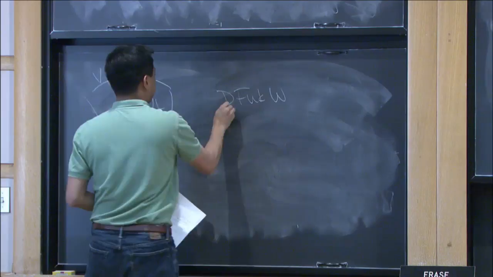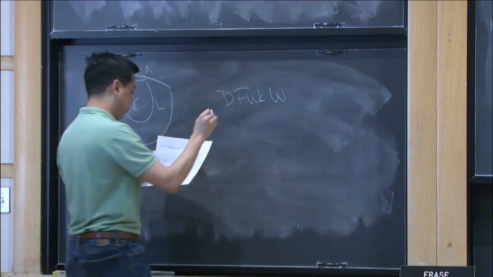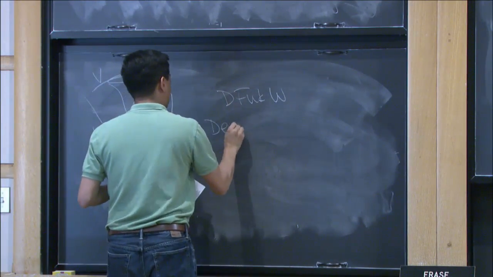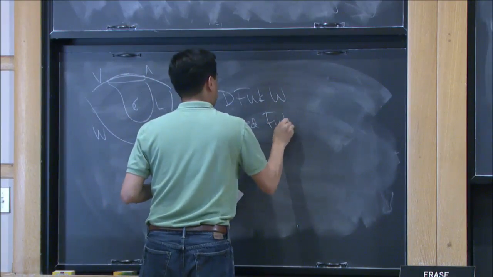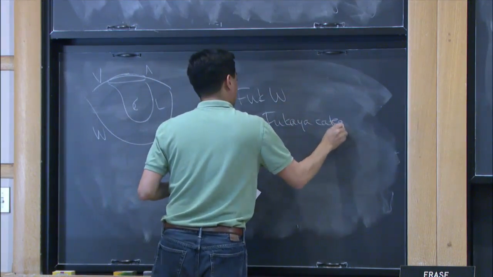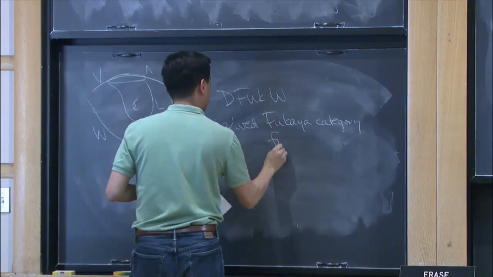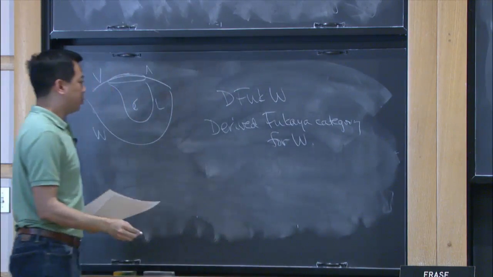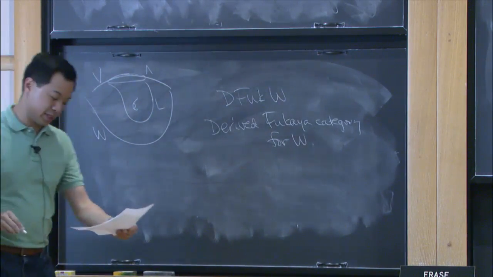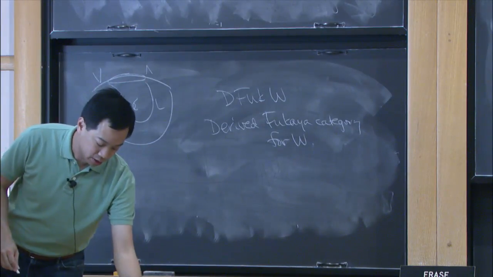So you can take a derived version of this. This is the derived Fukaya category for W. And again, you have to mumble something, infinitesimally wrapped something.